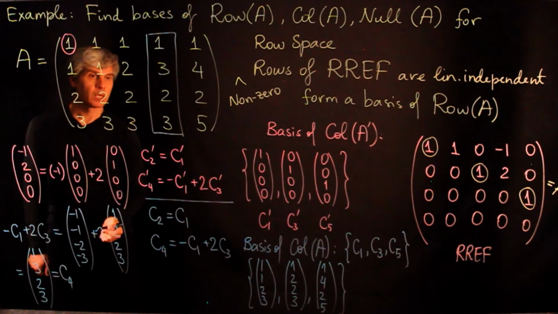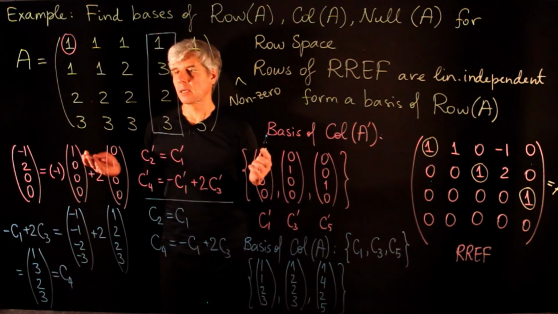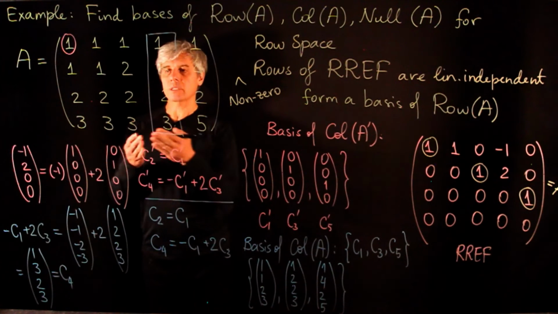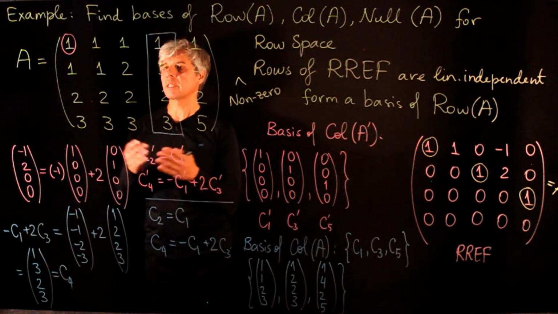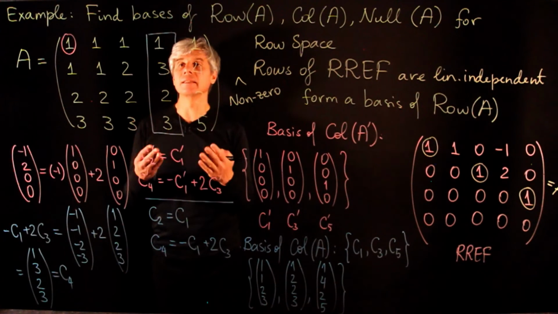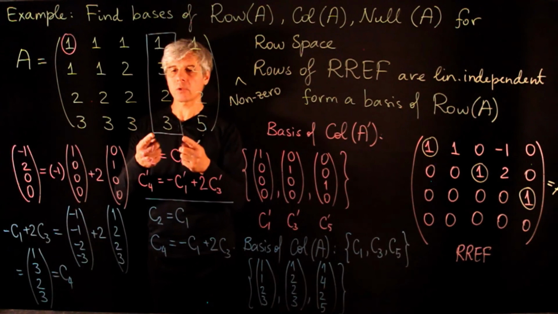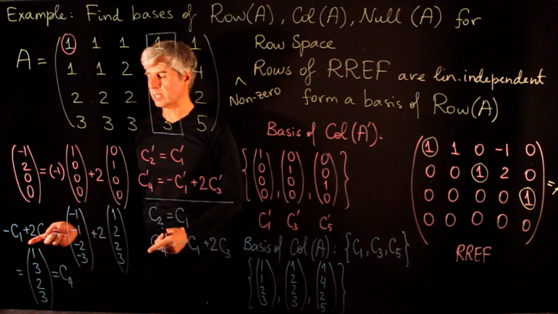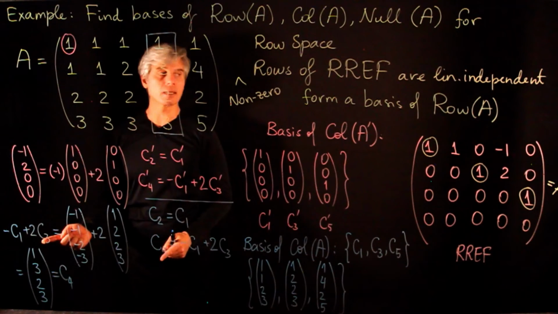So what's going on here is that in the original matrix, we might have some linear dependencies between columns, but these linear dependencies are hidden. It's not obvious at all when we look at this matrix that column number 4 is expressed as a linear combination of column number 1 and column number 3.